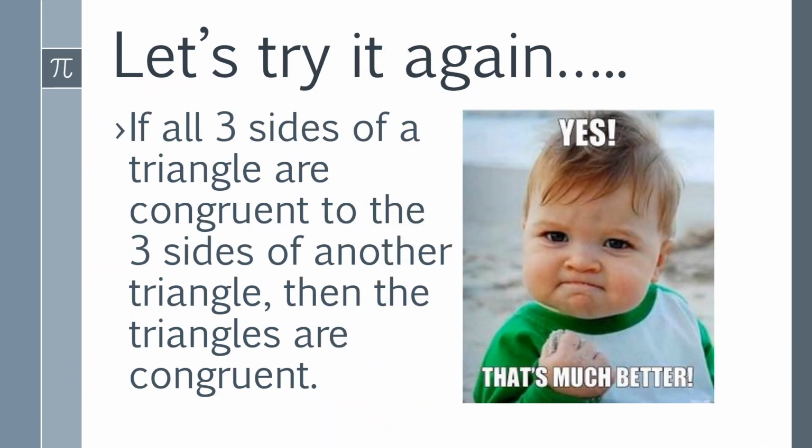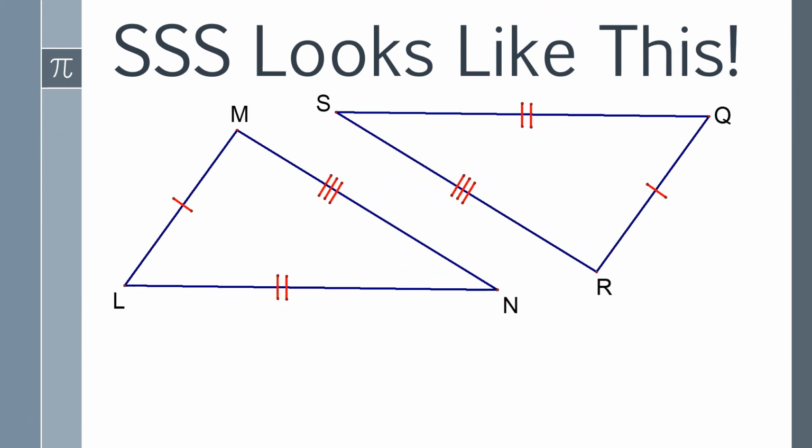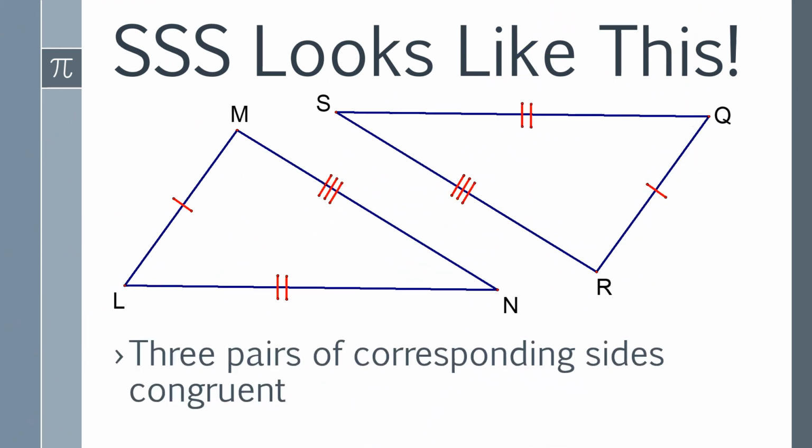Let's try it again. If all three sides of a triangle are congruent to three sides of another triangle, then the triangles are congruent. And it looks like this. Three pairs of corresponding sides are congruent, right?